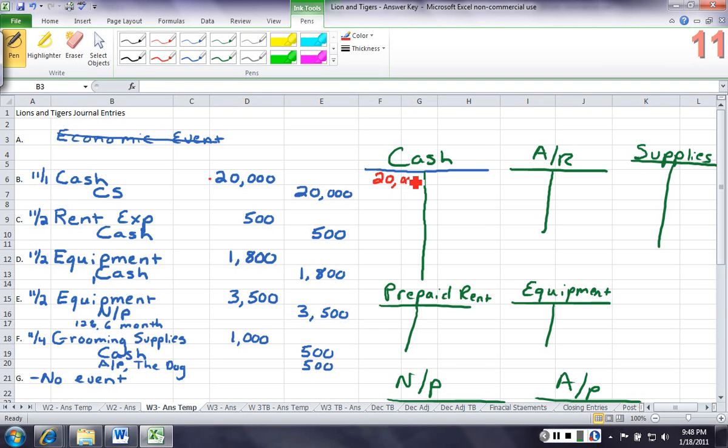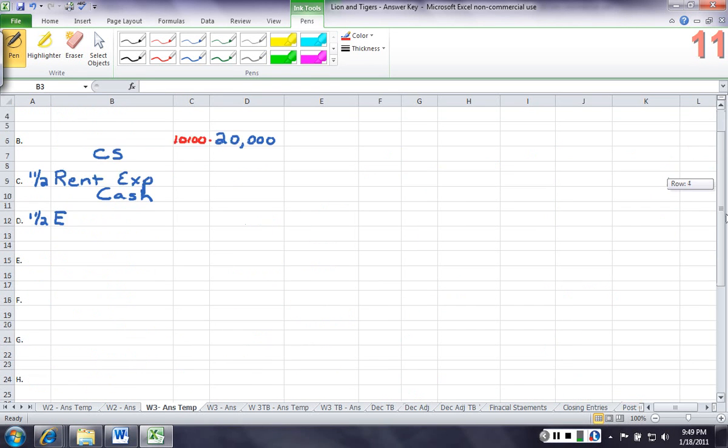If I was posting to the formal ledgers, I would put in J1 for General Journal 1, and over here I would write in which account I posted to. That is my signature that I have posted. So that's really important that we understand that that's our signature, that I've done what I said I was going to do.